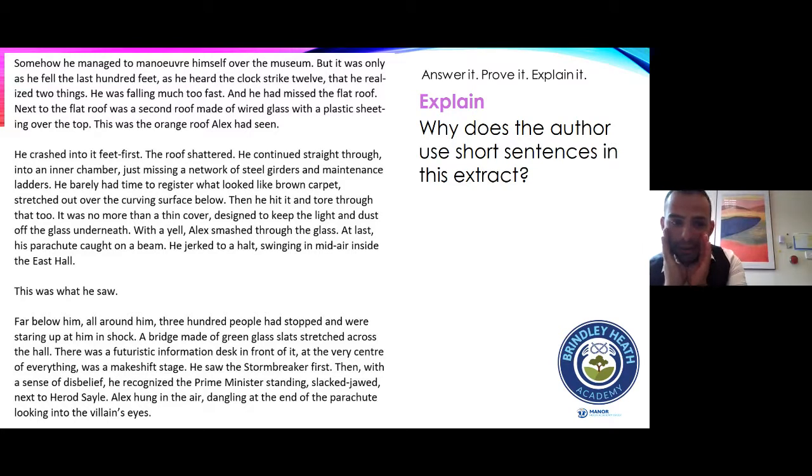There's quite a few in there. Give you another 10 seconds. Remember, with explain, it doesn't need to be a whole page.